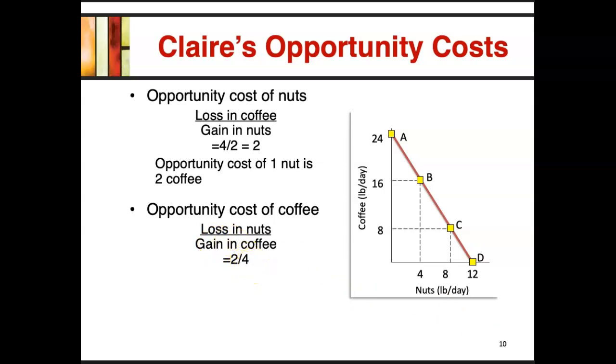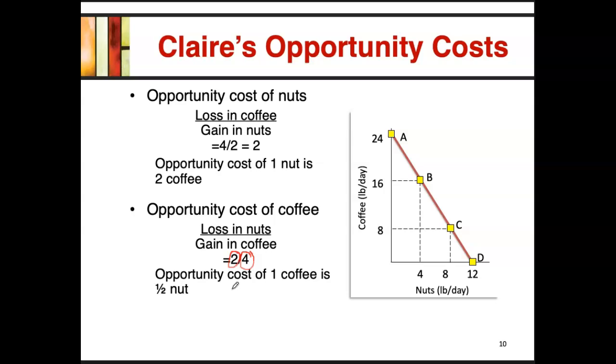In an hour she produces 2 pounds of nuts, so that's what she has to give up in order to gain 4 pounds of coffee. So it's 2 pounds divided by 4, and we have half. So the opportunity cost of 1 coffee is half a nut, which makes sense. For her to produce 1 pound of coffee, she needs to give up the production of half a pound of nuts.